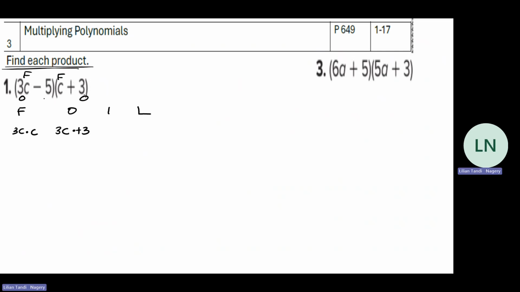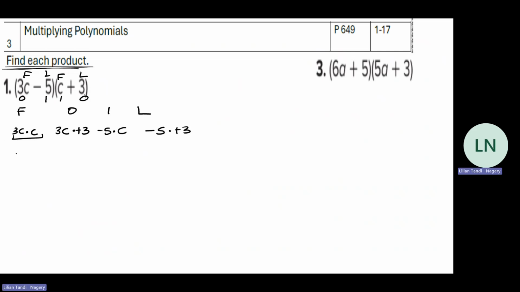Okay. Then our in will be negative 5 times c. Okay. So this is in and this is in. And then this is our last. So our last would be negative 5 times positive 3.